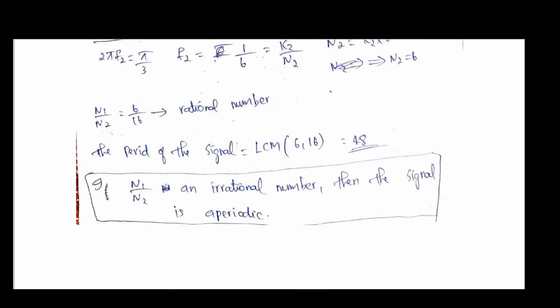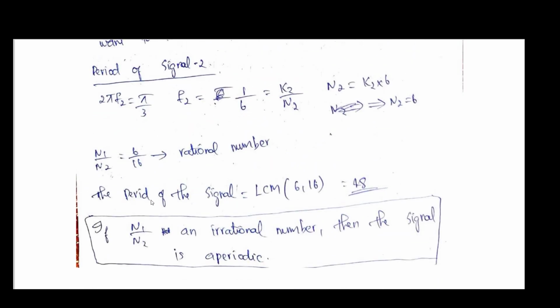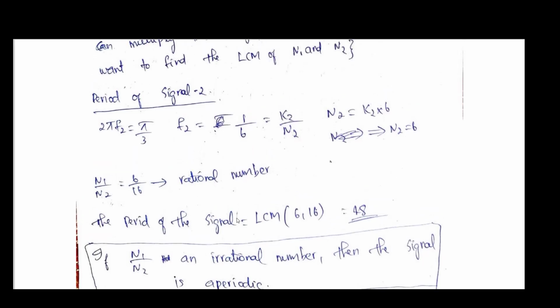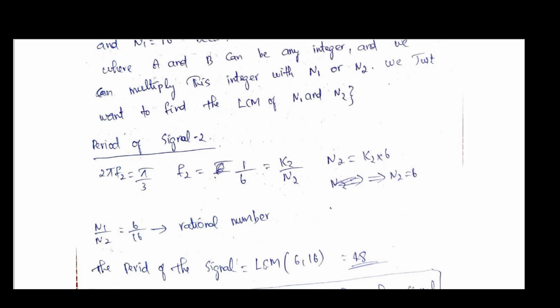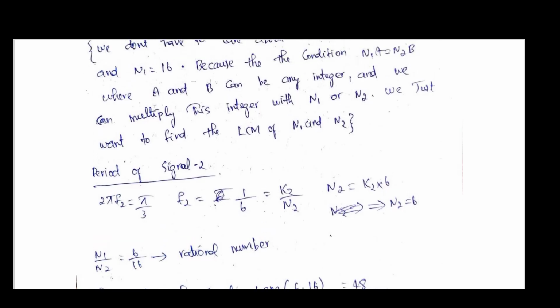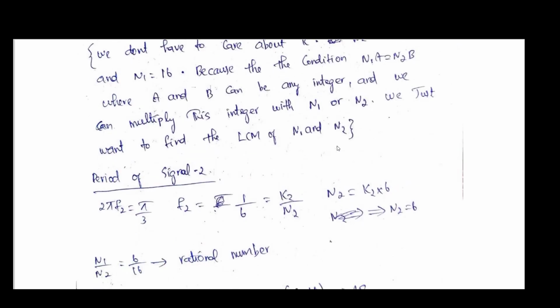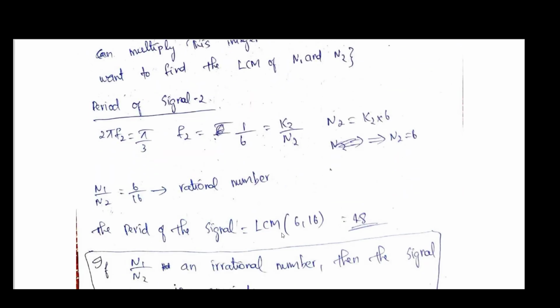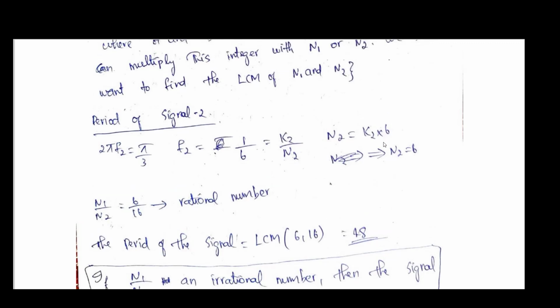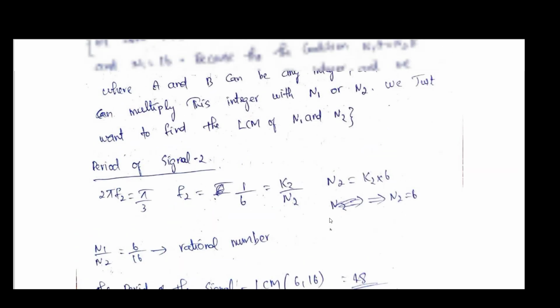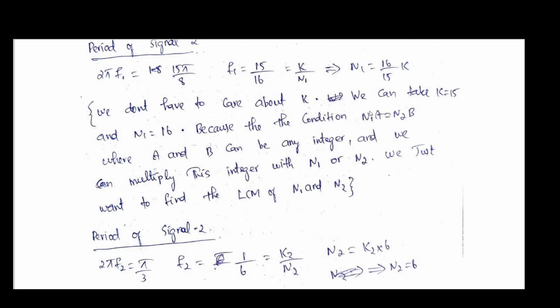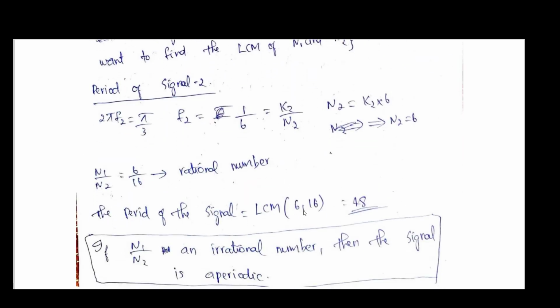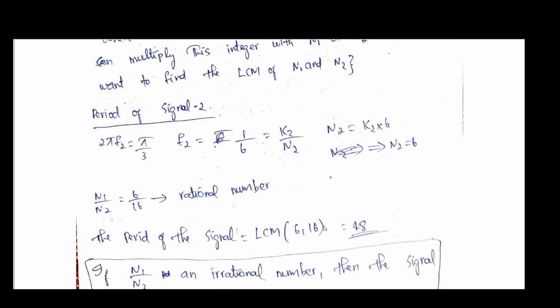Now what you have to find? You have to find the period of the signal, right? So the period of the signal is nothing but the least common multiple of n1 and n2. What are n1 and n2? The time periods of the signals. So the least common multiple of n1, that is 16, and n2, that is 6, is 48.